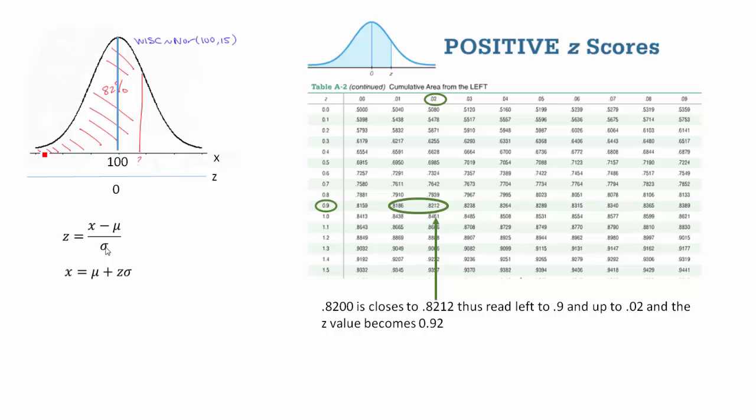We have 4 pieces to this puzzle and we need 3 pieces to solve it, and we have those 3 pieces: we have the mean, we have sigma, and we have the z-value. Our z-value comes from what we got off the table, and therefore, when we solve for x, we find that the score for the children that are in the 82nd percentile is approximately 113.8.